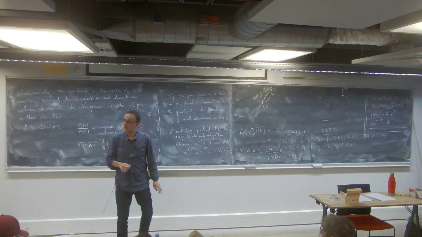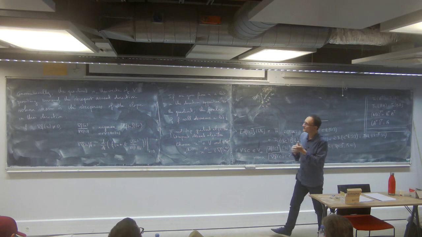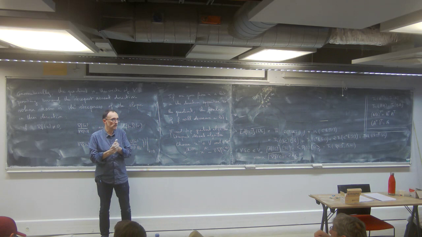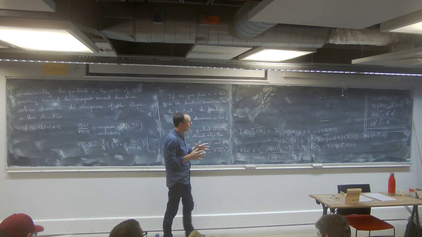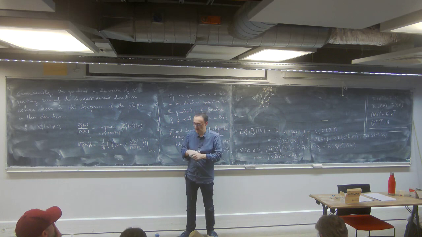So I think it's almost time to stop. What we have seen is that it's very convenient in quantum chemistry, but in fact in any field, when you have a minimization problem, to think of it as a minimization of a function.